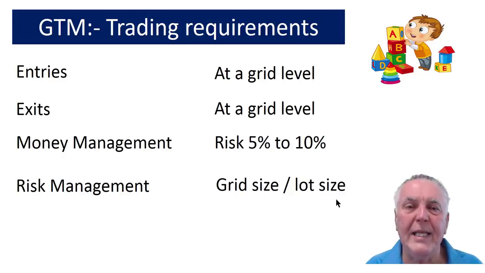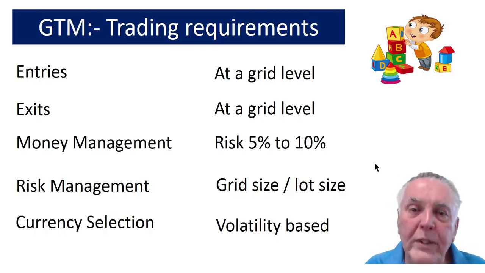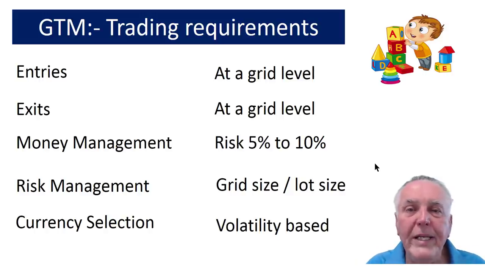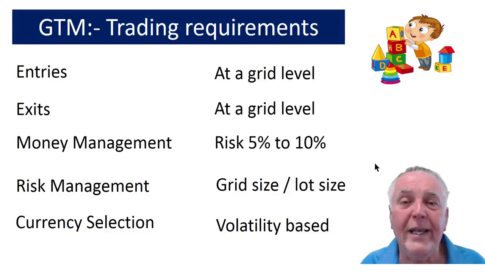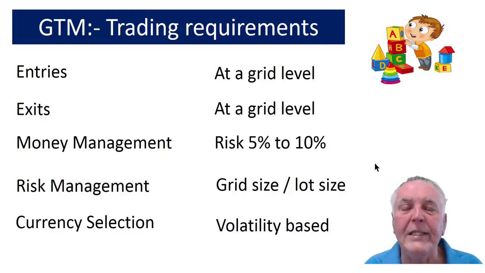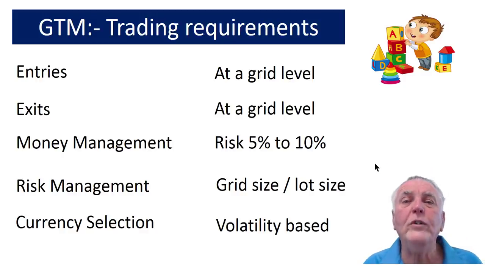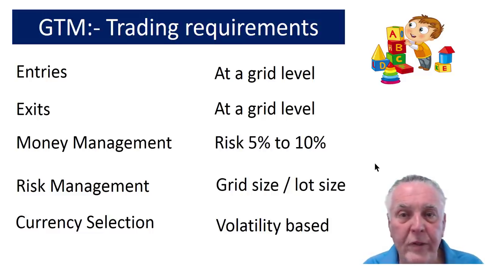How easy is that? And then currency selection is again an important aspect of normal trading, but here it's so easy. You just select the least volatile currencies for your sideways techniques, in other words, your buy and sell techniques. When you get to a more advanced stage, you might want to use volatile currencies for your one-directional approaches.